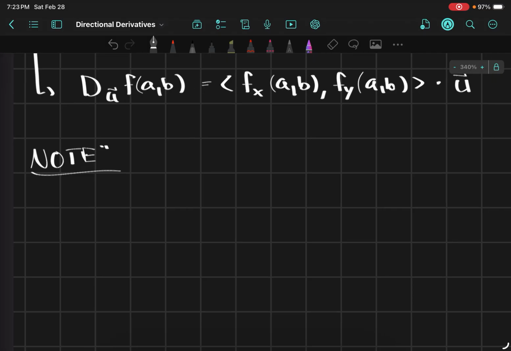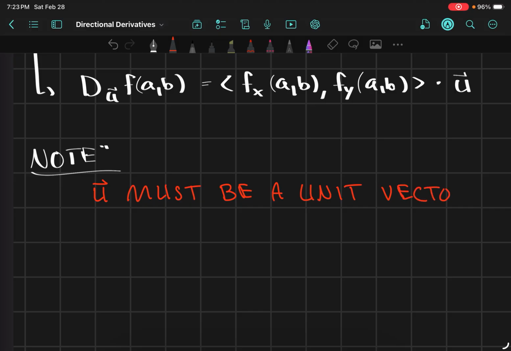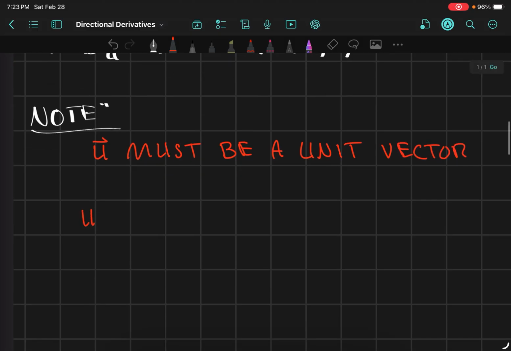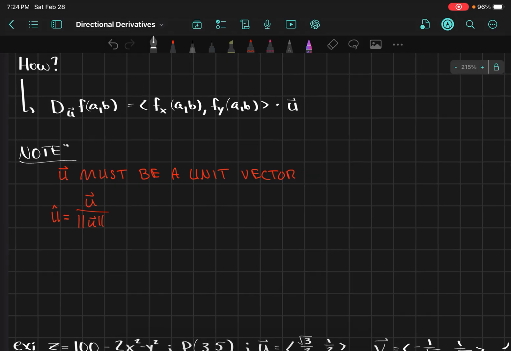One big note that I really want to make clear here is that this u must be a unit vector. If you do not recall what a unit vector is, it is essentially dictated by that little hat there, and we have this vector u over the magnitude of that vector, and that'll essentially give us our formula for what a unit vector is.